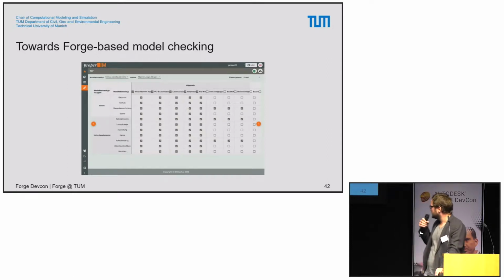And this can be done very easily in a web interface. And we want to use this data, send it to Forge, so that based on the classification of modeling elements, the user can check if the attributing and the semantics of the model are correct, and do a quick semantic model checking just by using our Forge app.